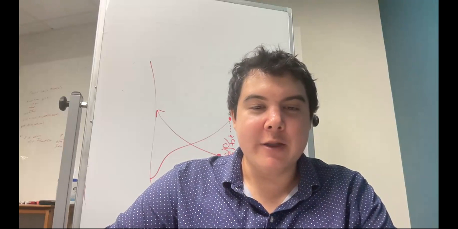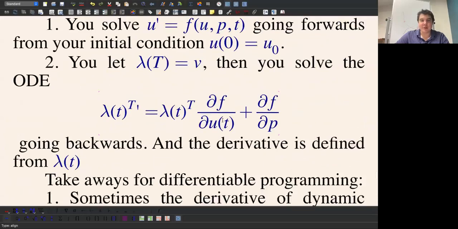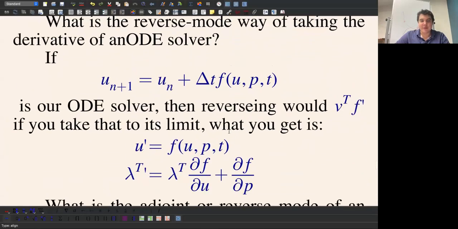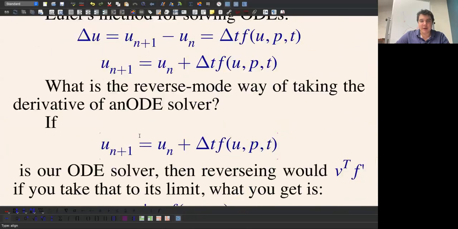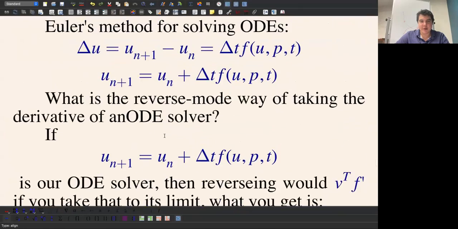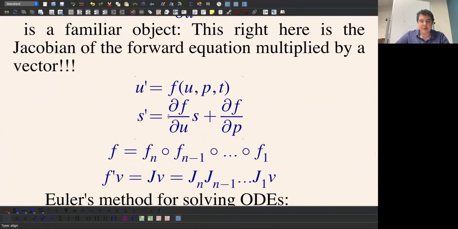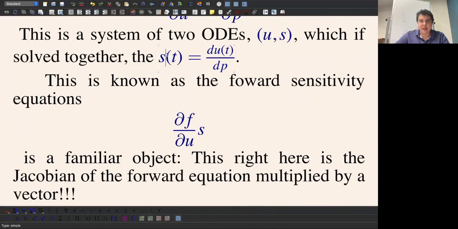In fact, to me the ODE case is actually the most clear. Remember that this S of t is du/dp, so there's one value of s for every parameter.